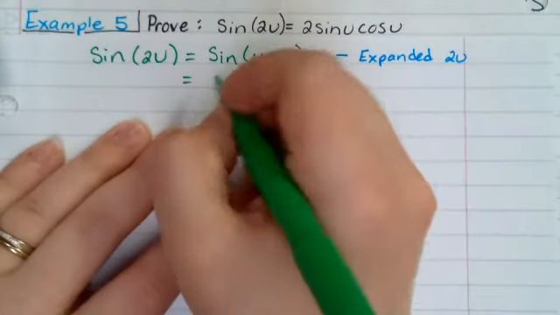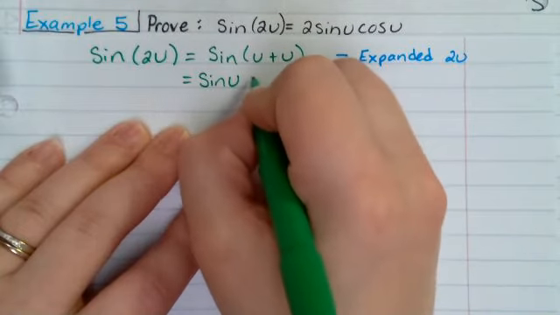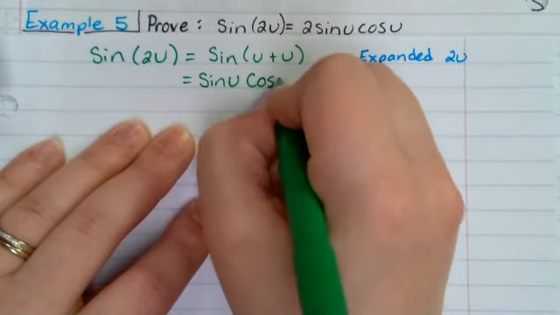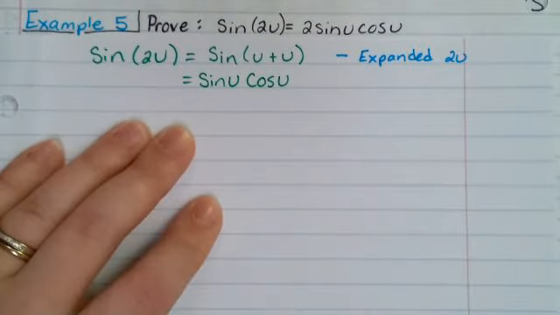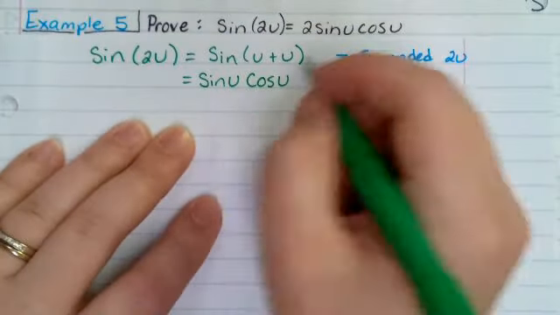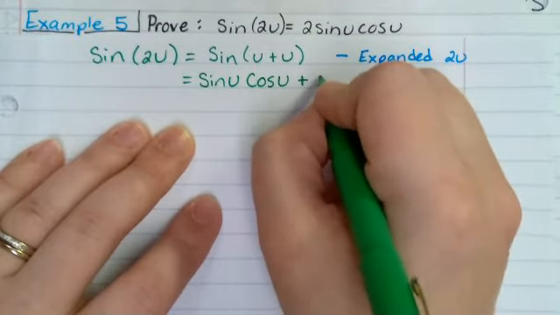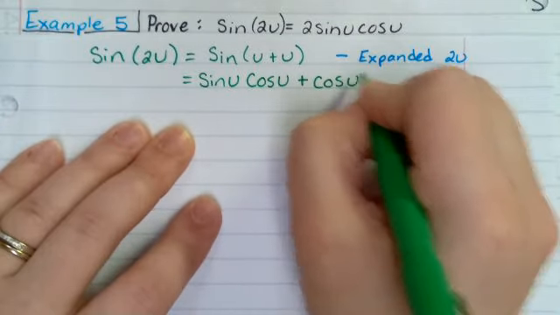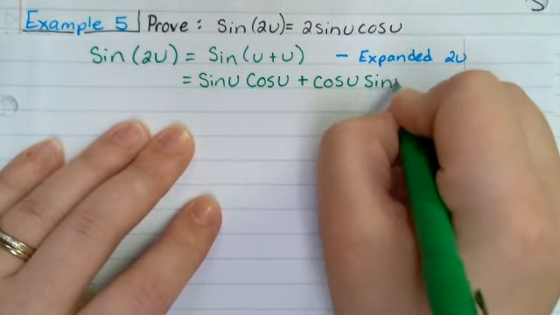Our pattern says that we need to take sine of the first value times cosine of the second value. They just happen to be the same thing here. And then I'm supposed to have a plus. We should have cosine of the first value and then sine of the second value.